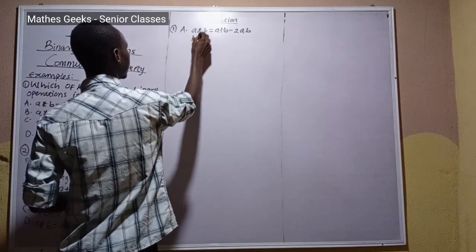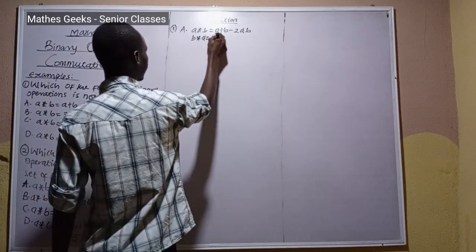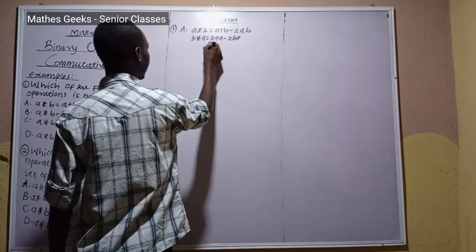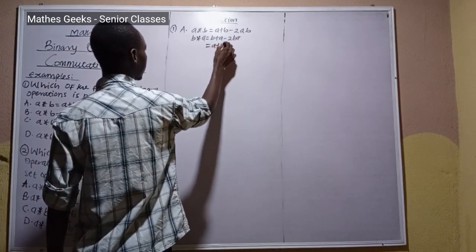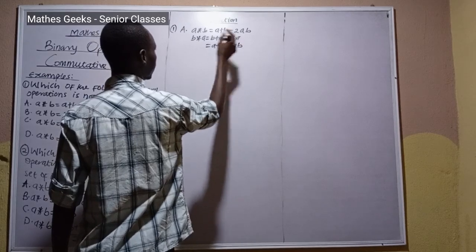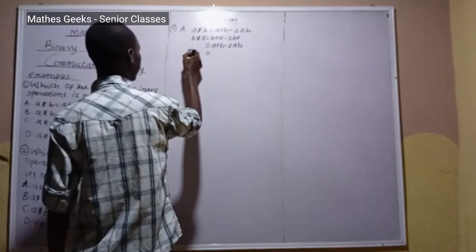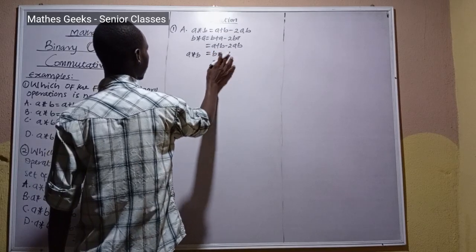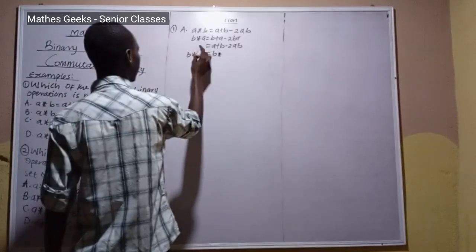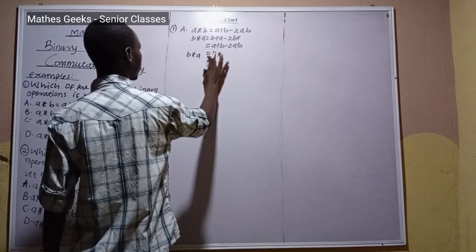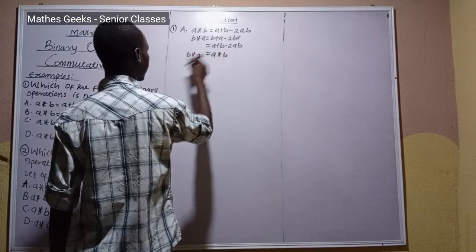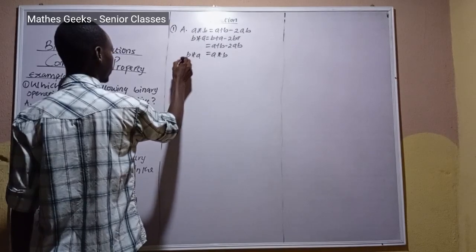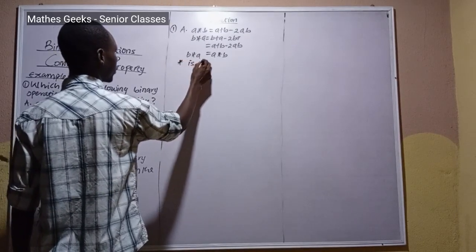B star A will be B plus A minus 2BA. Alphabetically, it will be A plus B minus 2AB. So this means that B star A is equal to A star B. So this implies that option A star is commutative.